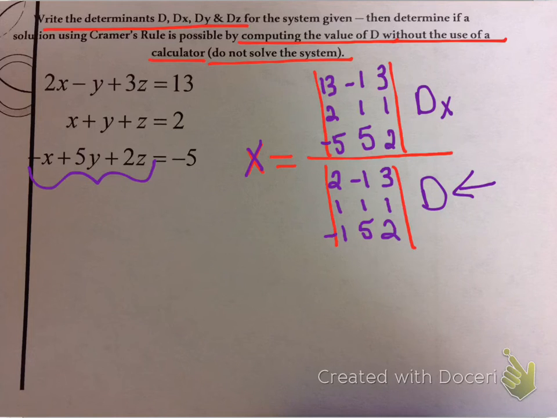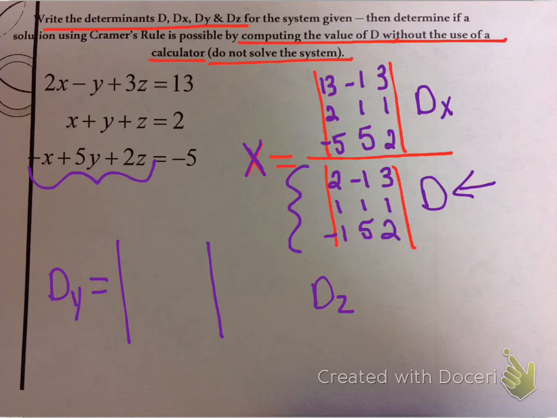Okay? And then I want to go ahead and write Dy, which would be the numerator when I'm solving for y. And I want to write Dz. So the numerator when we're solving for y is going to, once again, start out looking like this. But it's the y column that's going to get replaced.